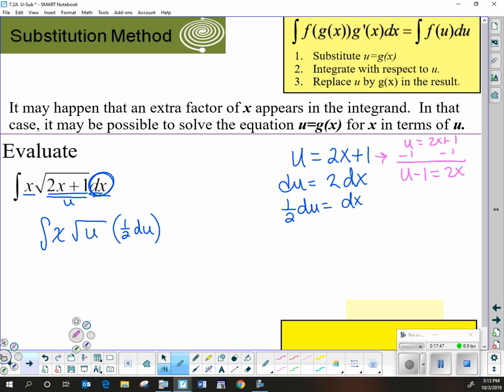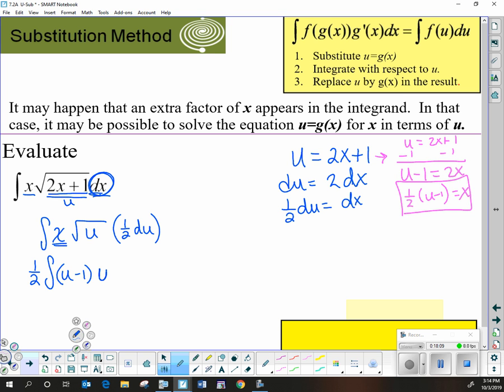But I have just an x, so 1/2 times u minus 1 is equivalent to an x. This becomes a substitution for us over here. So now we're going to replace x with the equivalent statement 1/2 times u minus 1.